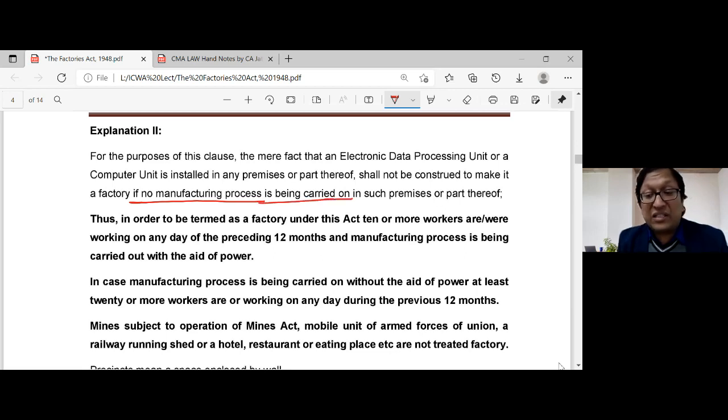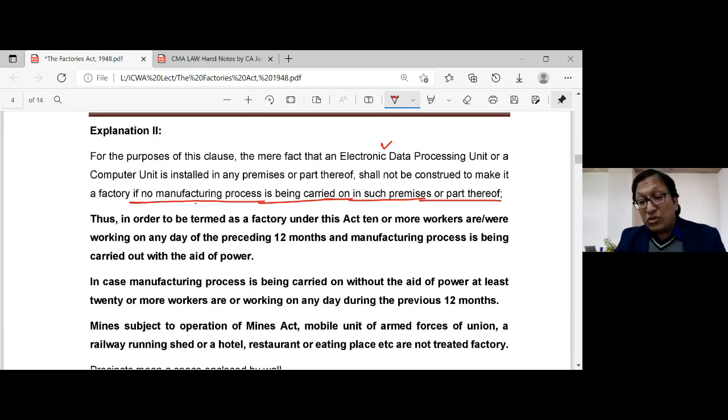If people are working using electronic data processing but not manufacturing anything, then that will not be considered a factory. But if some manufacturing process is being carried on in such premises or part thereof, then that will be considered a factory.